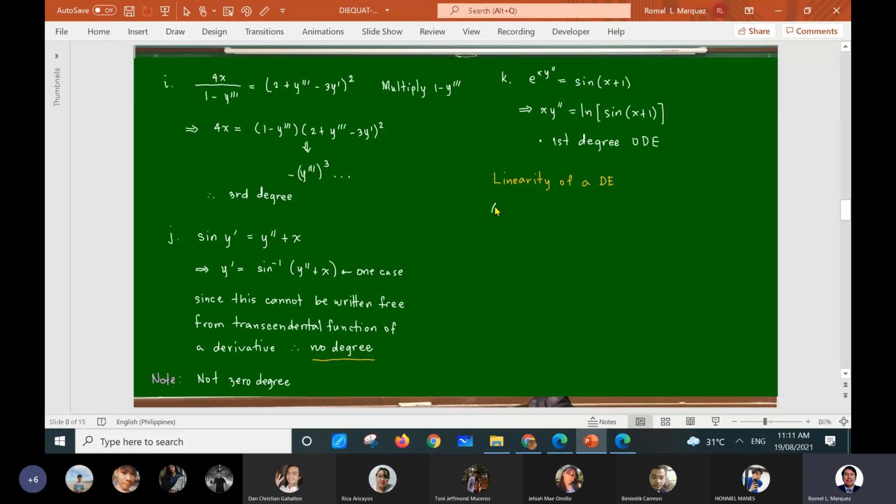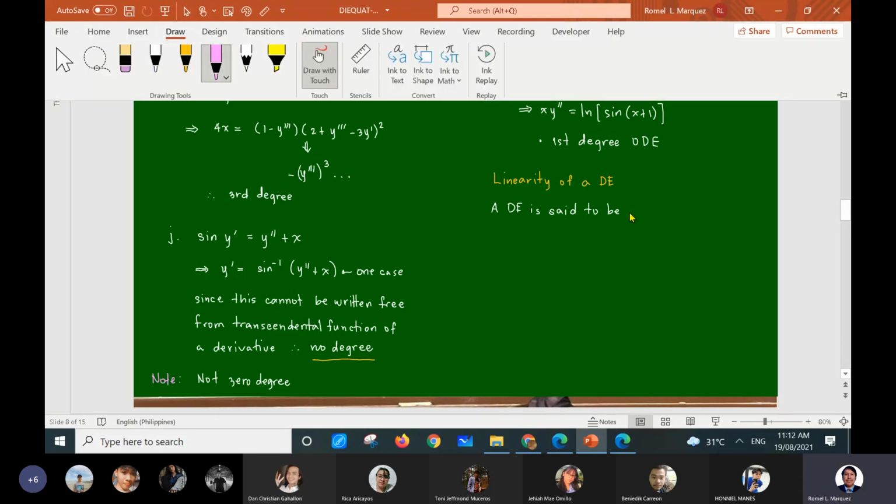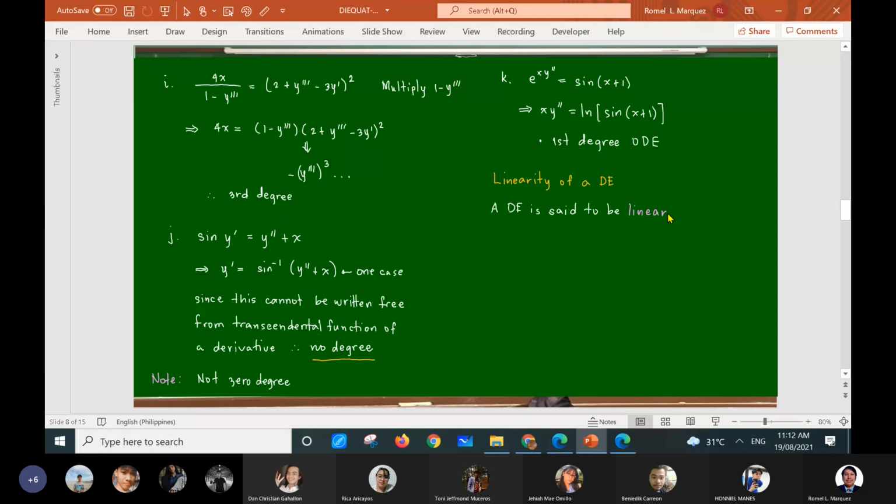A differential equation is said to be linear if all of the following, not just one, are satisfied. Remember the Vilma Santos advertisement?